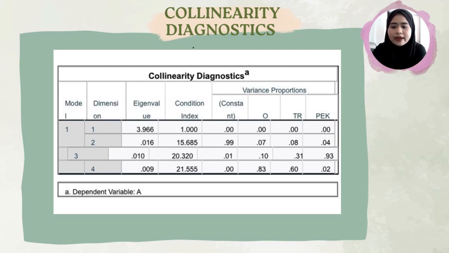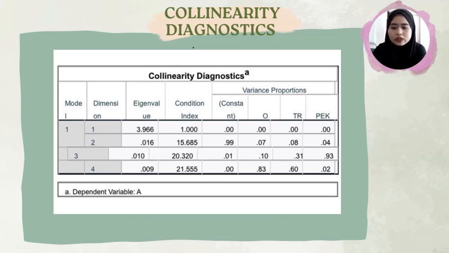Lastly, we have variance proportion. High variance proportions for multiple variables in the same dimension indicate multicollinearity. For example, observability has high variance in dimension 4, which is 0.83.